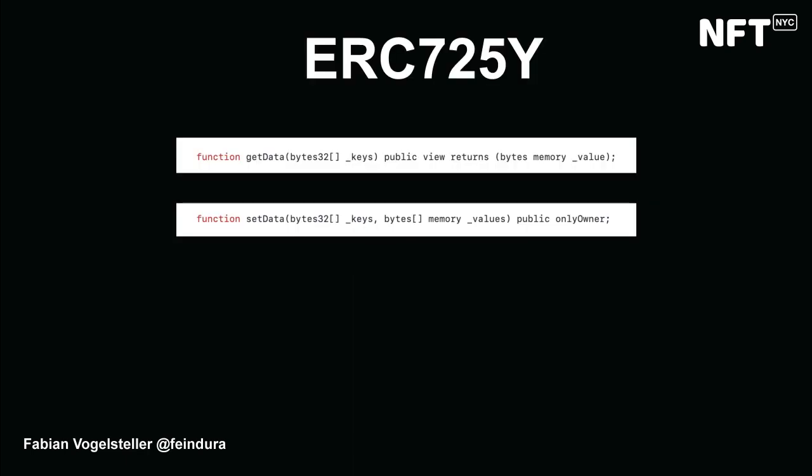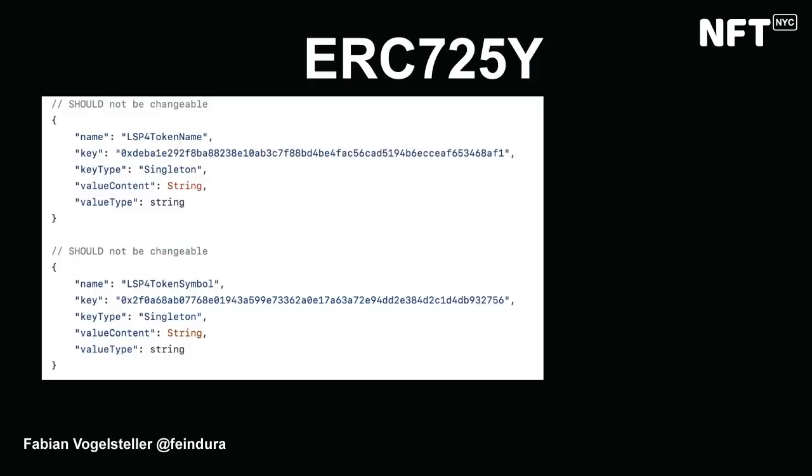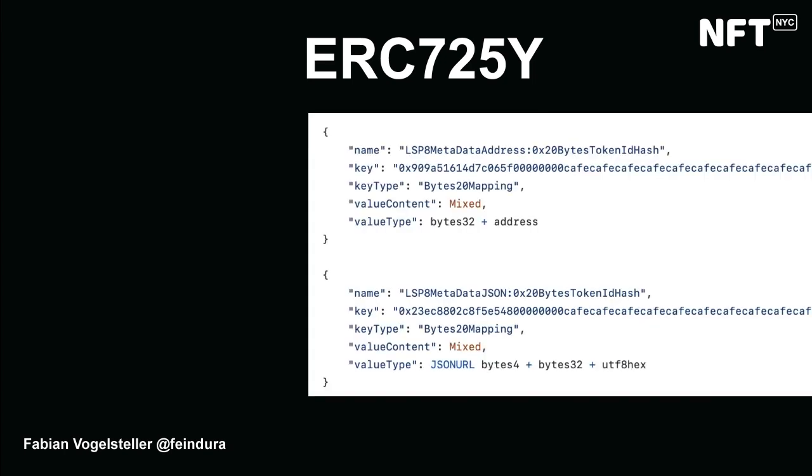Because now if I use 725Y, I can have an unlimited amount of different data I could add to my NFT, which is not just a reference to a JSON file, but I could also reference token name and token symbol. I could also reference different types of protocols that may relate to an NFT. So this makes the NFT upgradable, changeable over time, based on smart contract logic and not just some JSON file sitting somewhere.